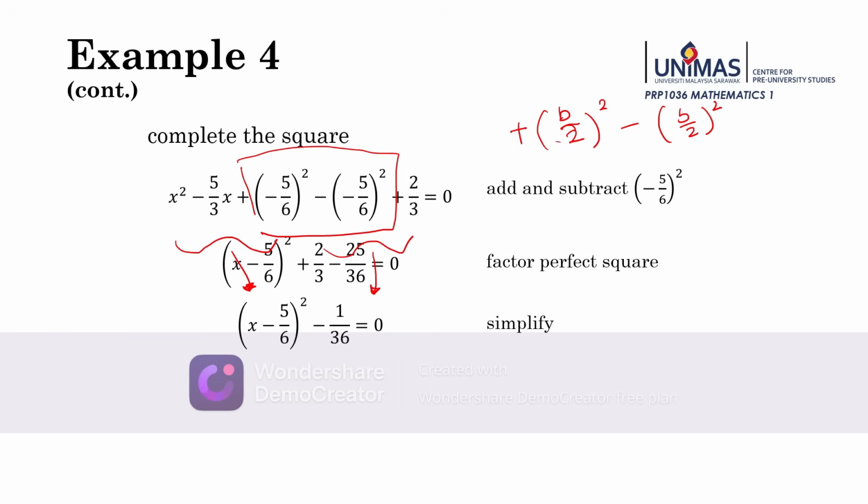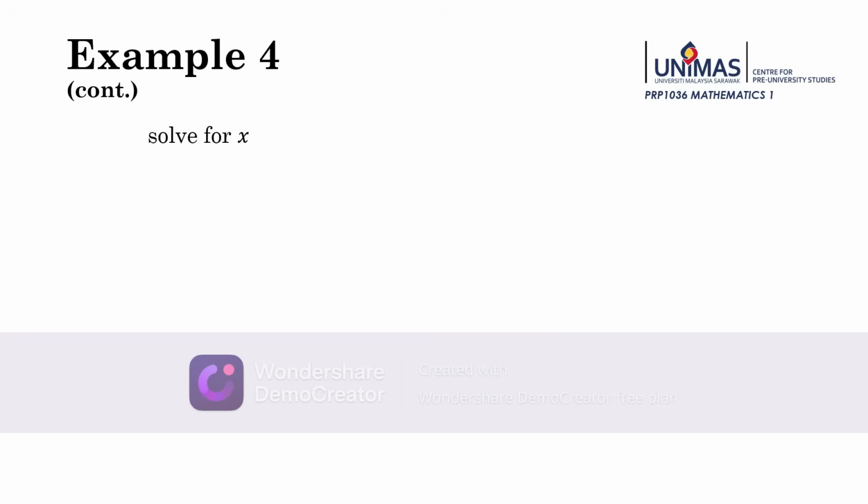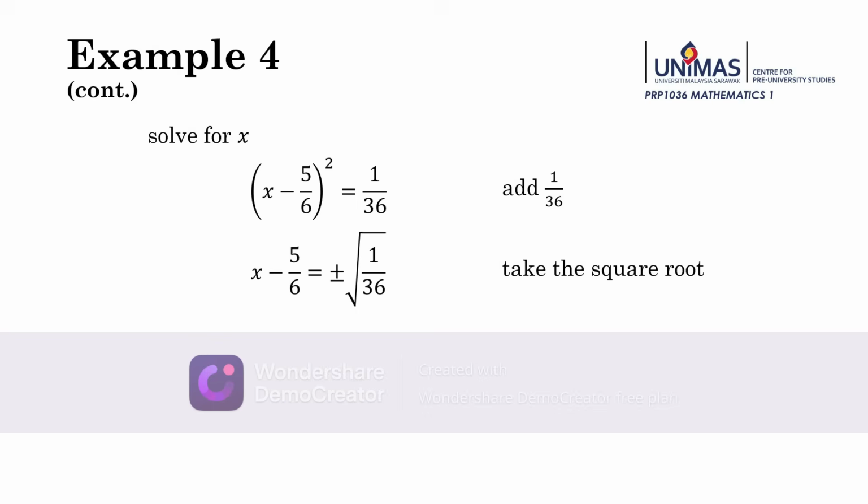Okay. So now we can solve for x. So add 1 over 36 to both sides, square root both sides. Okay, so once you do the square root on both sides, don't forget plus minus square root.